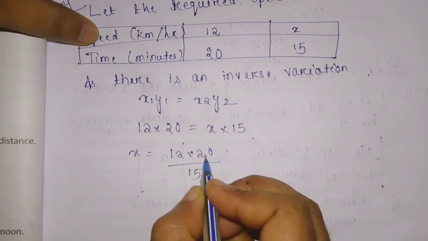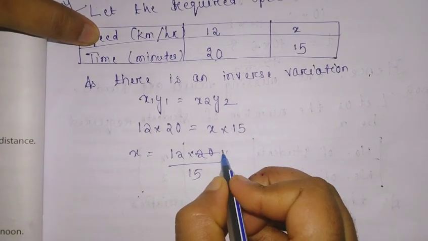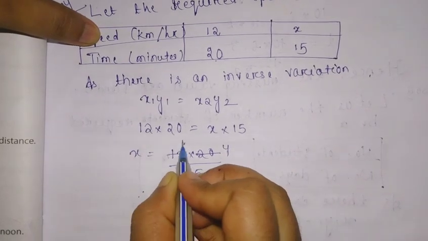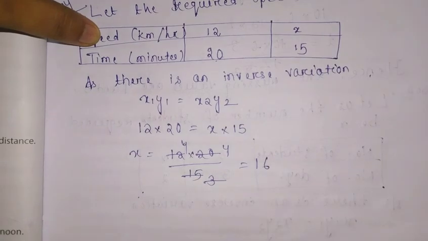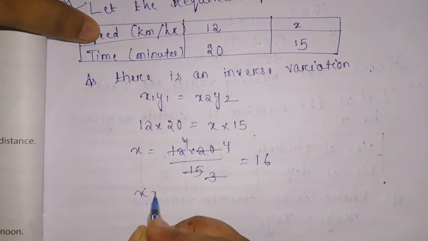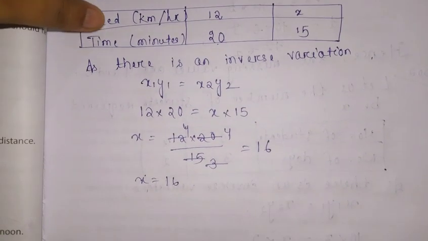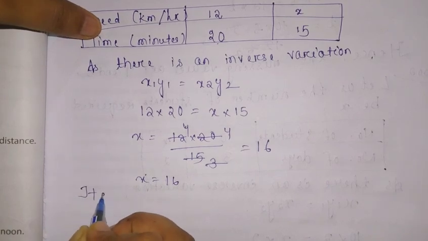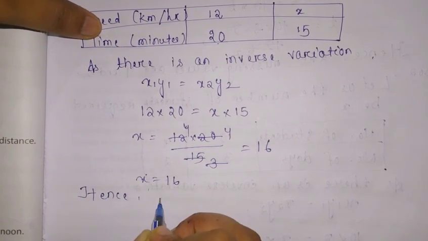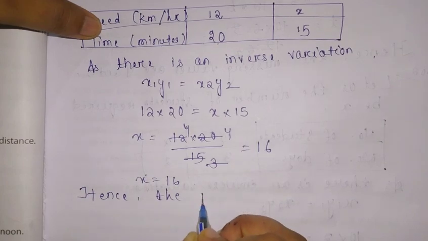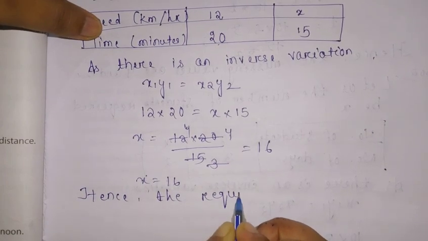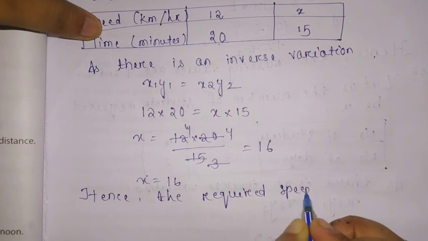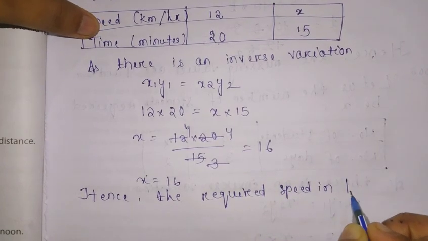Then 5 fours are 20, 5 threes are 15. Then 3 fours are 12, 4 fours are 16. X equals 16. Hence the required speed is 16 km per hour.